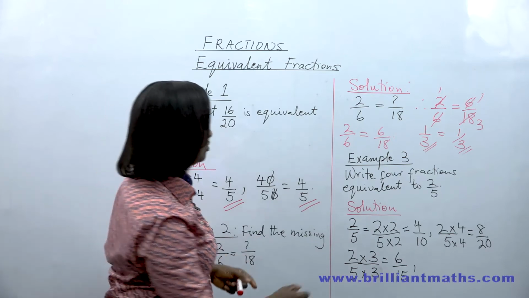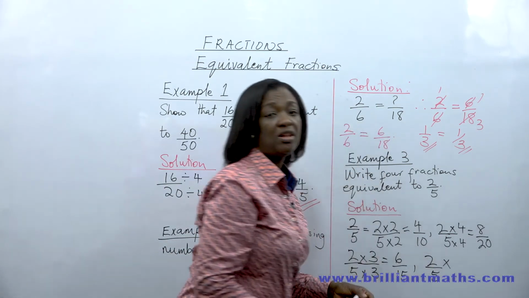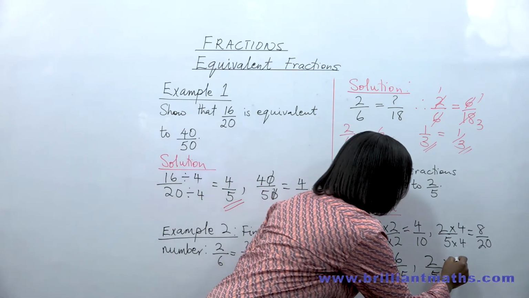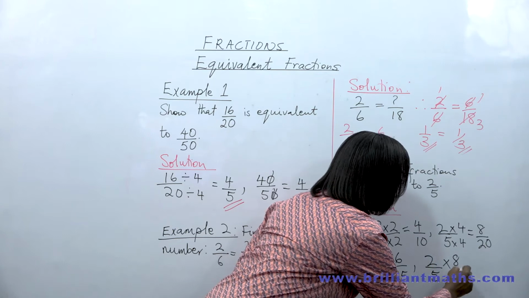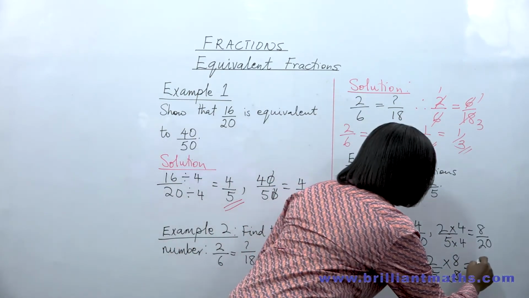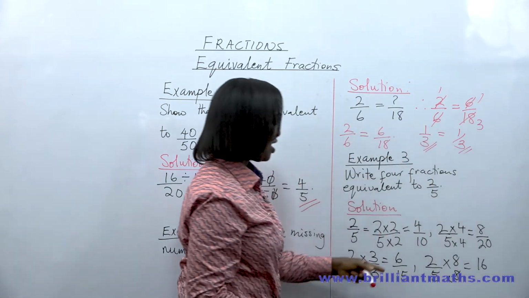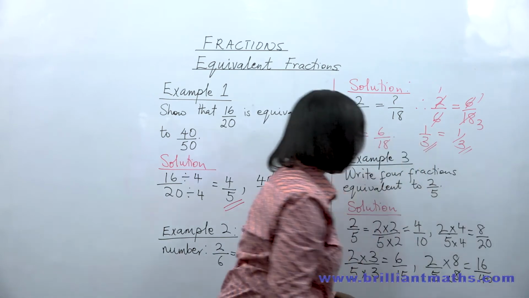And finally, 2 over 5. Let's say 2 times 8 and 5 times 8. And that gives us 2 times 8 is 16, and 5 times 8 is 40.